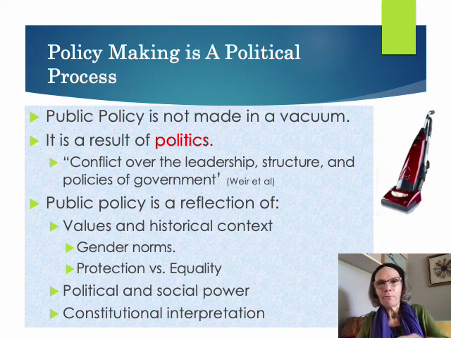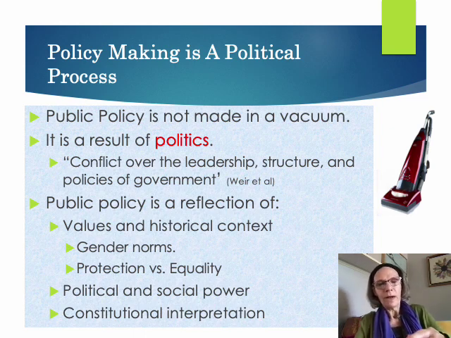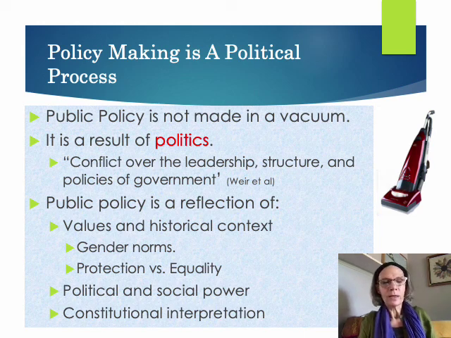If you have really liberal presidents and a really liberal Congress, you're going to get a liberal Supreme Court. If you have a really conservative president like Trump and a conservative Senate that confirms the Supreme Court nominees, you're going to get a more conservative court like we have today, which was able to overturn Roe v. Wade. So public policy is a reflection of politics.